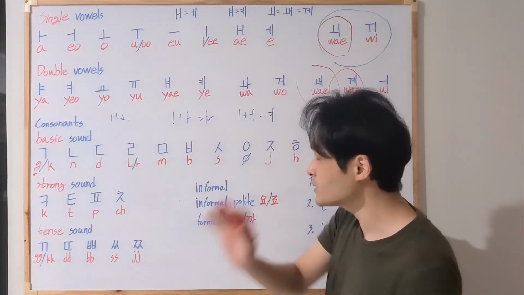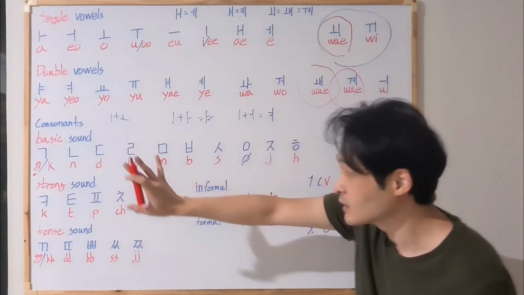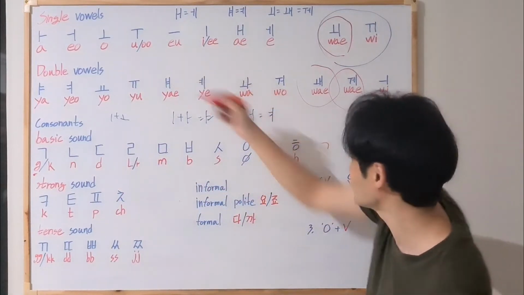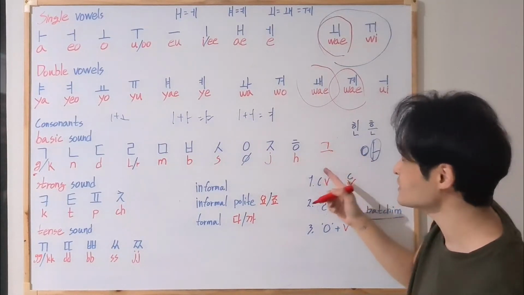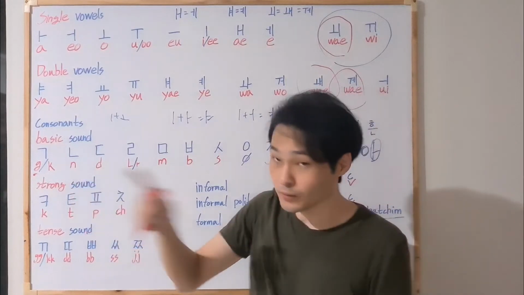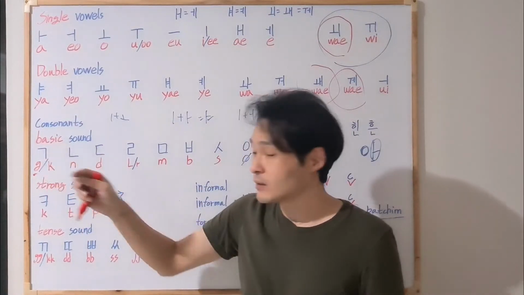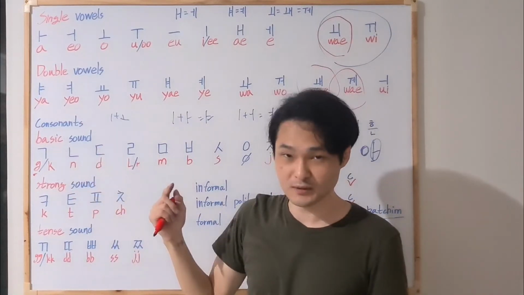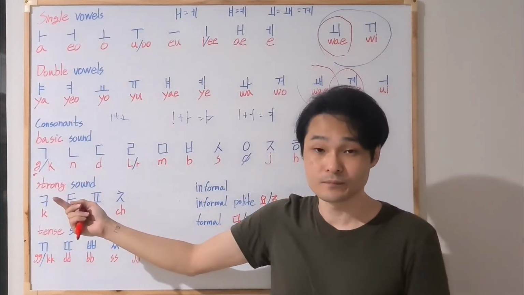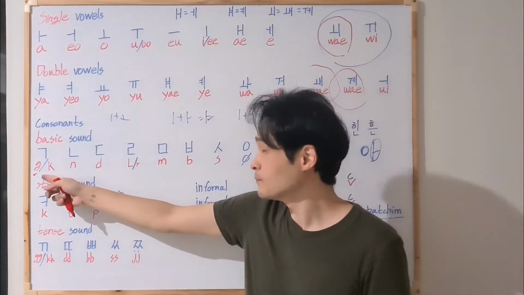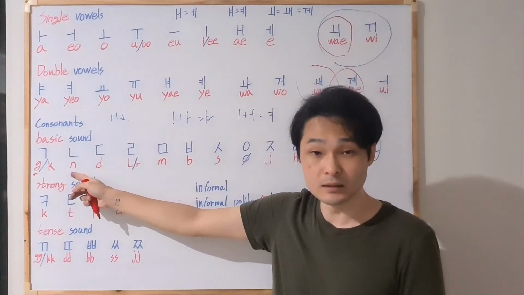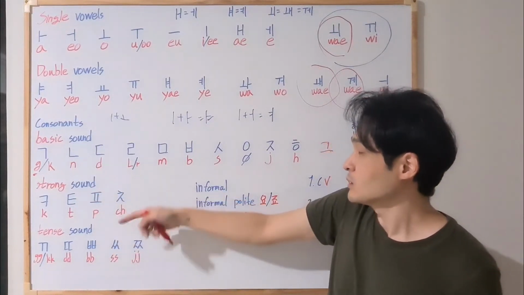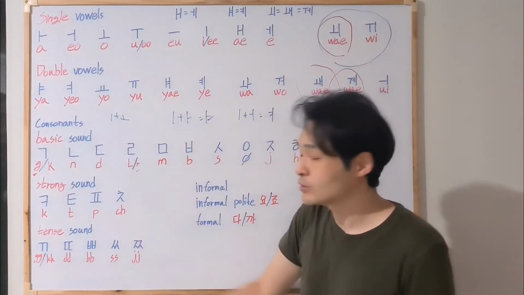Okay? 그. 자, and when you pronounce consonants, consider all the consonants have vowel 으. So we're going to pronounce like this, this sound. So let's start. It's a basic sound. Relax. You will have no problem to pronounce basic sound. Okay? 자, 그, 느, 드. 자, in Korean alphabet, Hangul, we don't have an R sound.